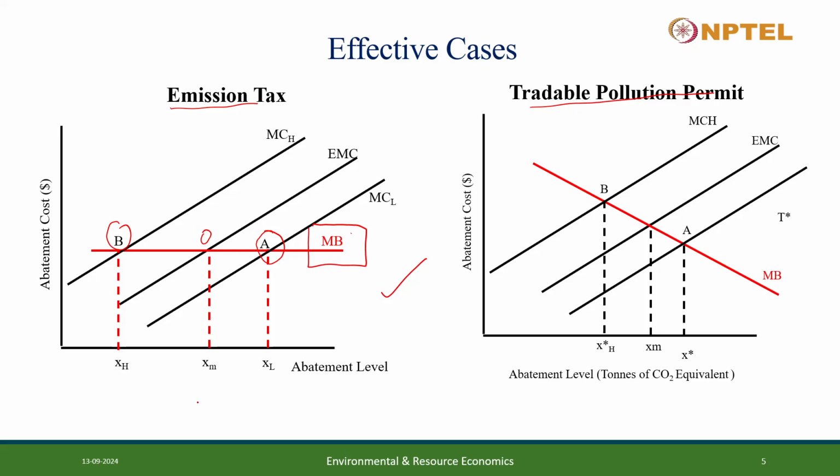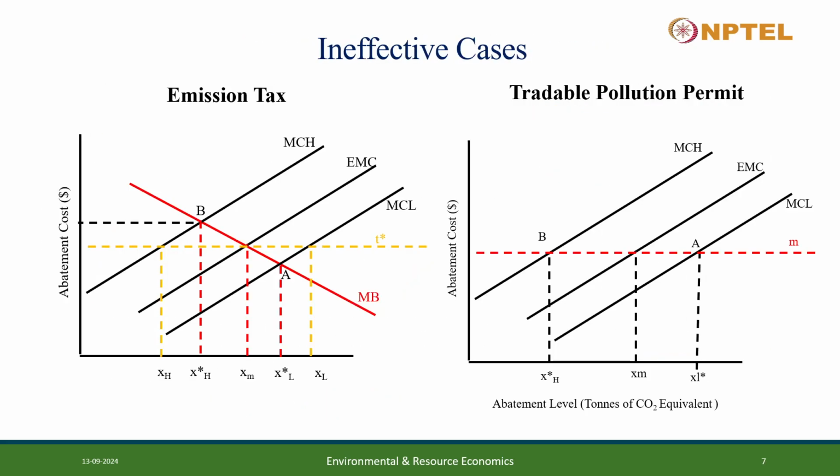That is, marginal cost equals marginal benefit equals T in both the cases, right? However, in the tradable pollution permit system, when the MB curve is steeper, the differences between XM and XH star and XM and XL star are lesser. So with a steeper curve, there will be lesser gaps. So it is more effective.